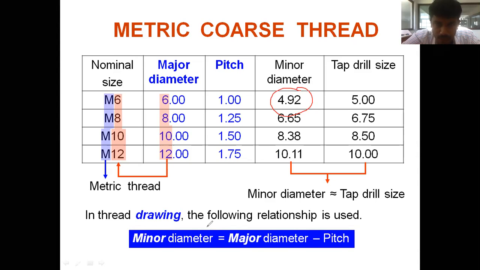For this, the major diameter is 6, minus the pitch, which is 1, so this is equal to 5. Like this.